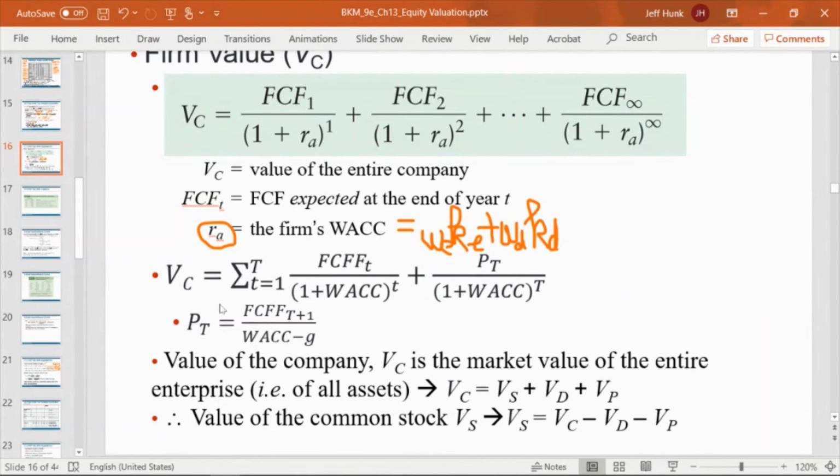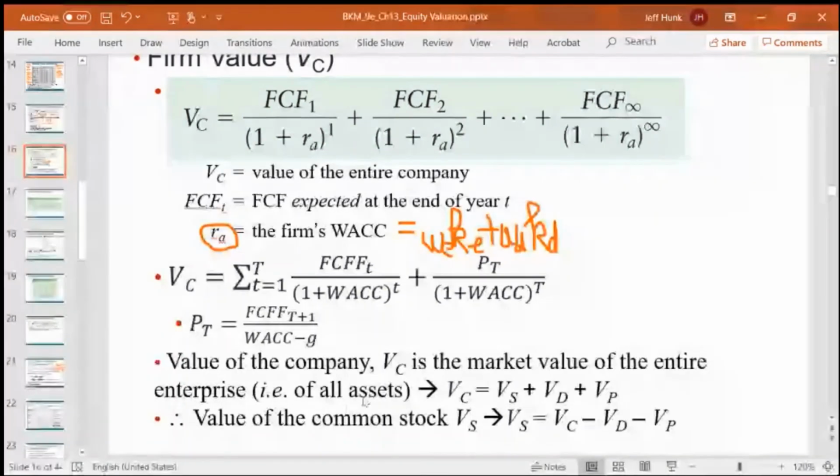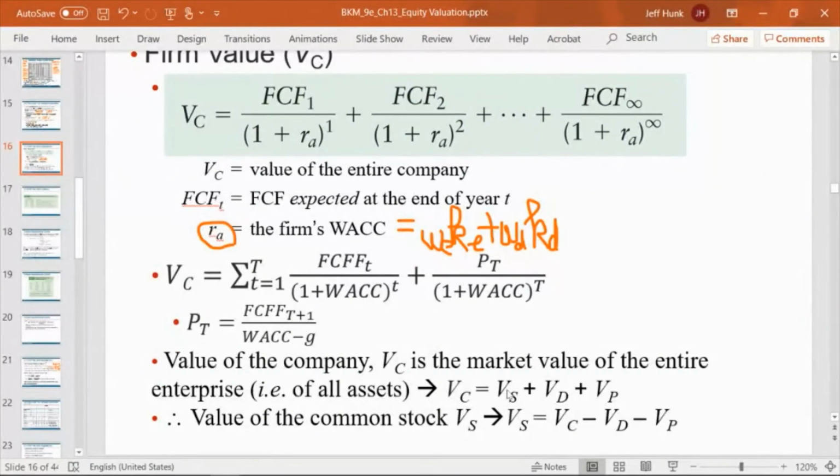Well, now we use the Gordon growth model, because when it goes into a constant growth range, free cash flow is basically forecasted, and we assume it is growing at a fast, uneven rate up to a certain point, and then goes into steady state.